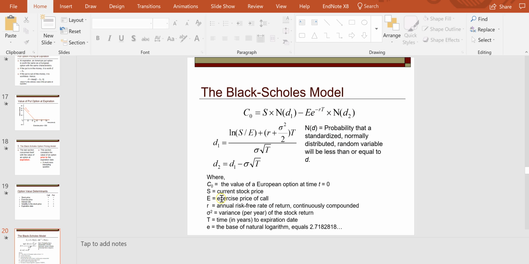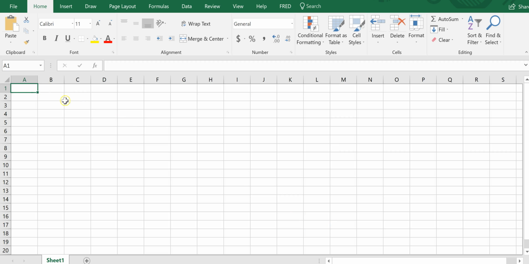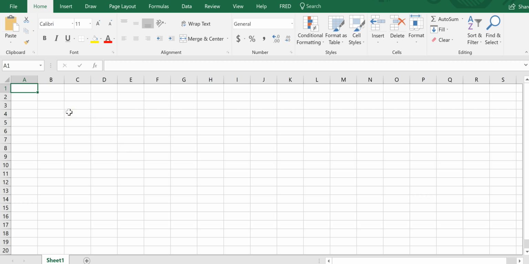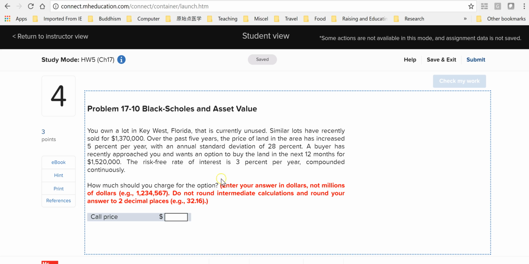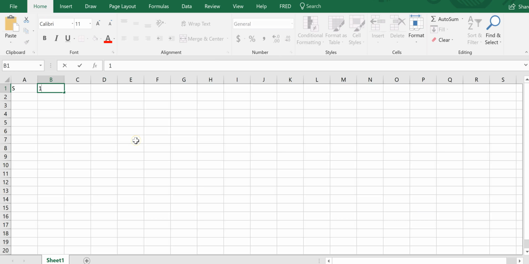So we just try to put the numbers into these formulas. I try to solve this question in Excel. S is the stock price. As we said, in this example, we should use the land price, which has recently sold for $1,370,000.